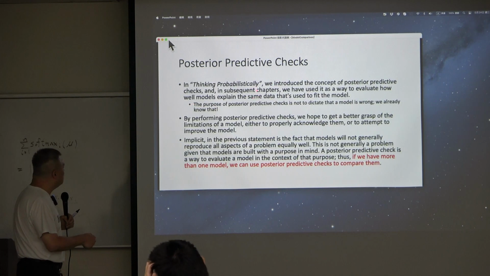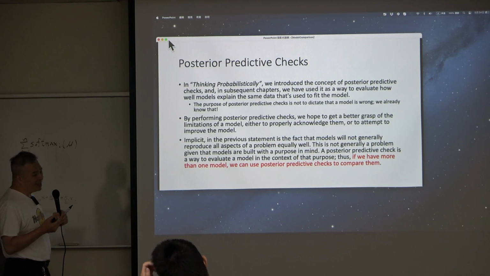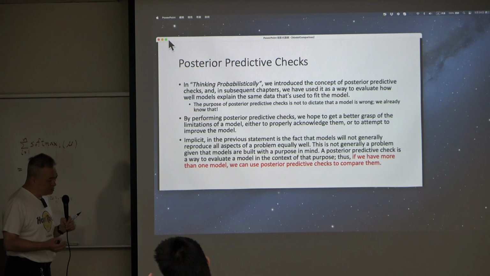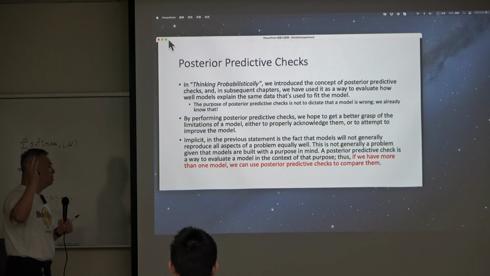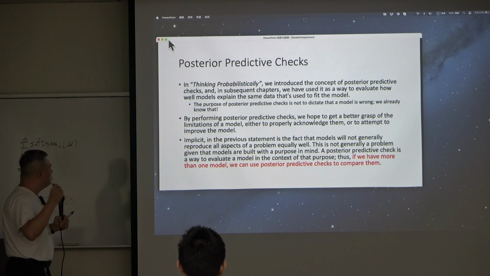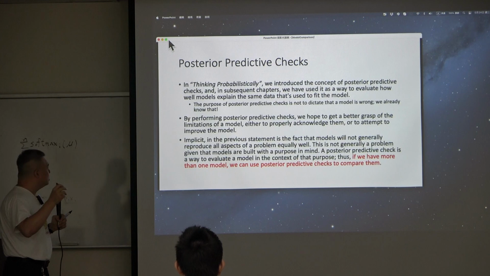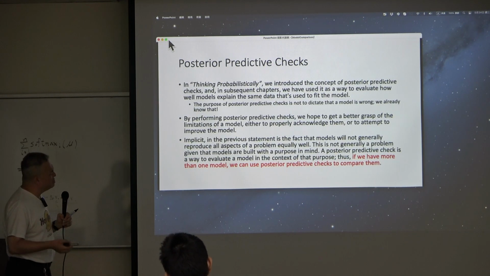The purpose of posterior predictive check is not to indicate that the model is wrong. We already know that. This is the first thing you need to understand: all the models are wrong. It's just a question of which model is less wrong than the other, or to use another, better word, which model is better than the other.